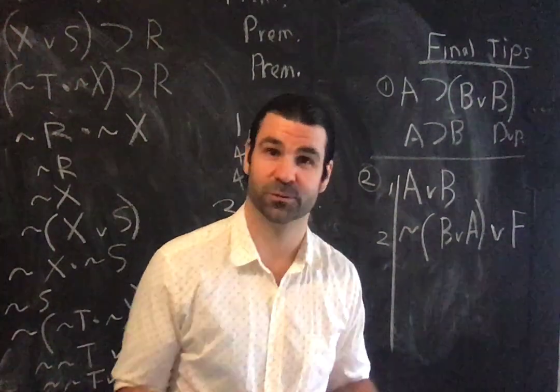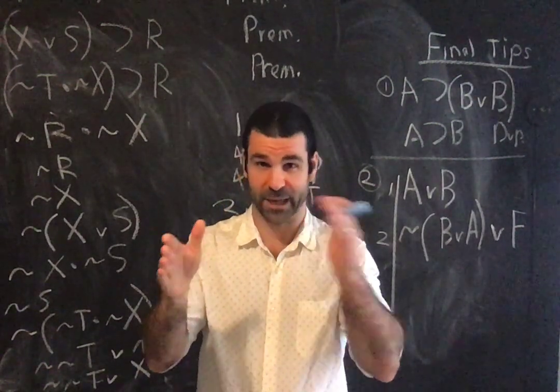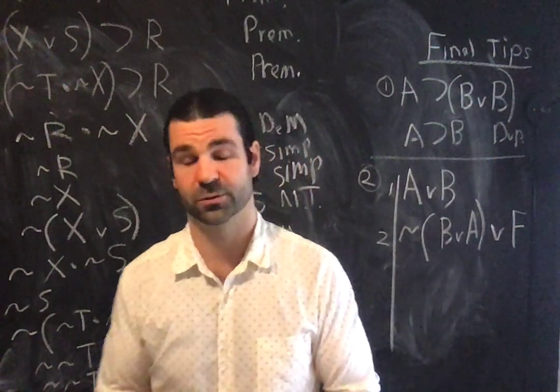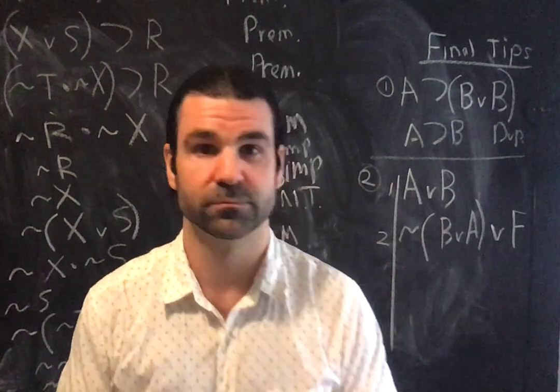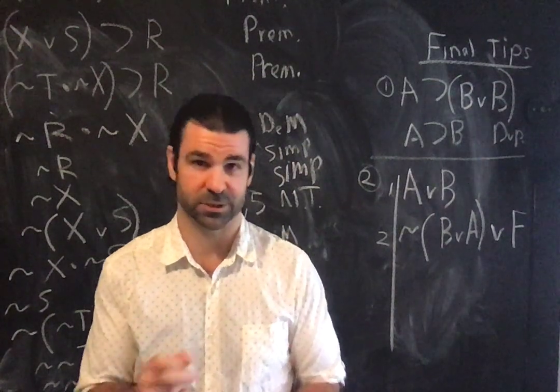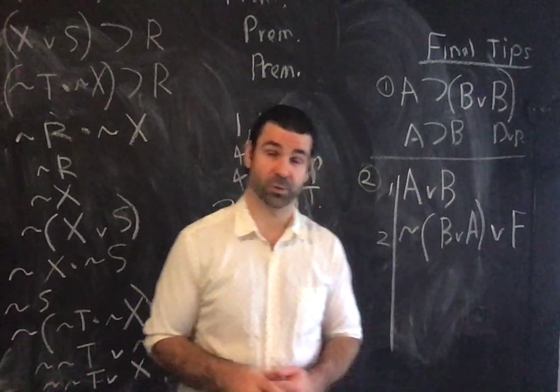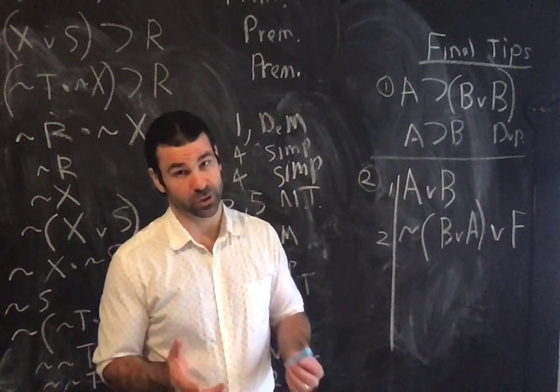Duplication has two forms. P is logically equivalent to P and P, and also P is logically equivalent to P or P, right? Conjunctions of a formula with itself, disjunctions of a formula with itself can be reduced to a simple formula. It's a replacement rule, so you can use it on subformulas.